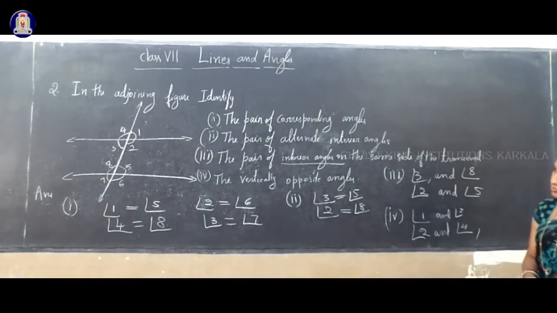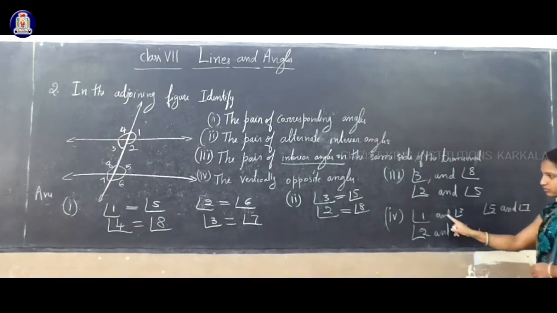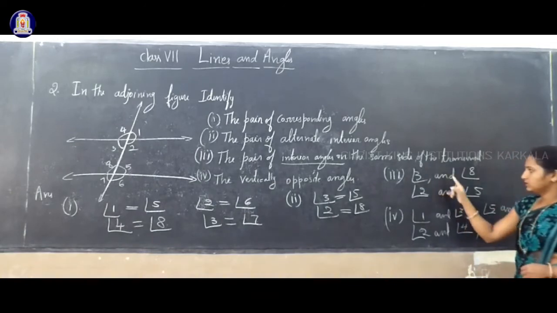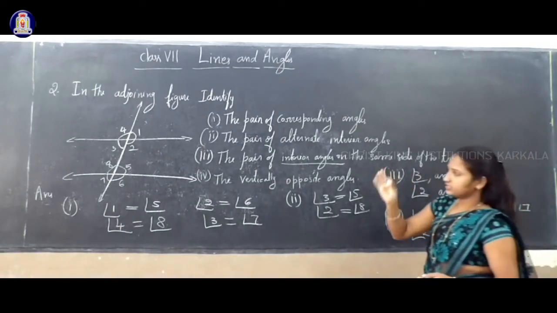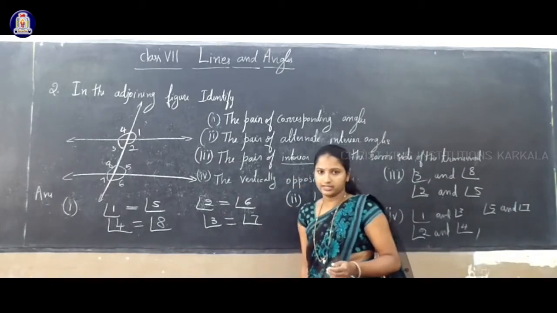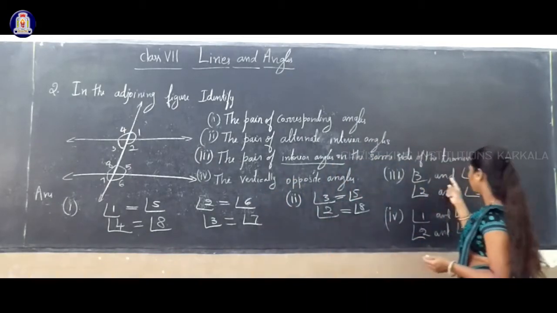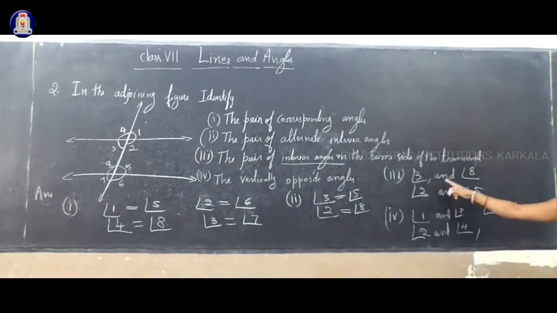These are vertically opposite. Similarly, angle 5 and angle 7. You can write equal also. Here we cannot say equal because they are not equal. Angle 3 and angle 8, just you have to write the inside the transversal. Sum of interior angles on the same side of the transversal is always 180 degrees.